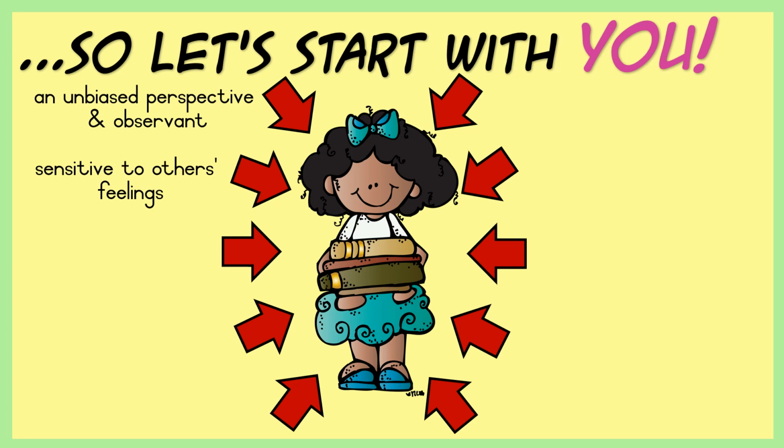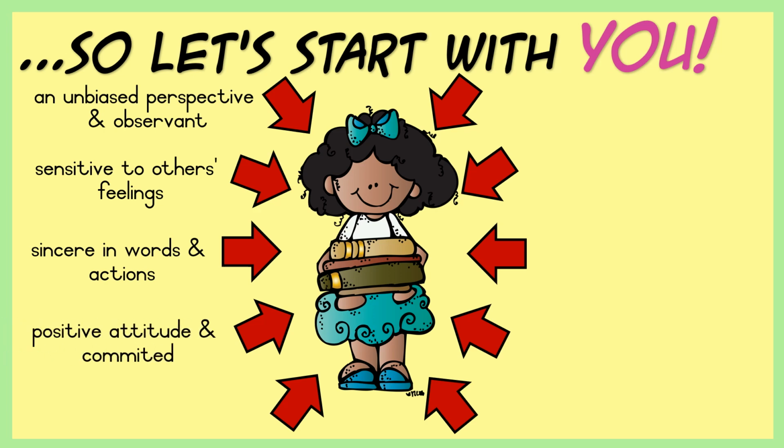Sensitive to others' feelings, sincere in words and actions. If we do not like the learner that we have been appointed to, he or she will pick up on it. They are very observant.